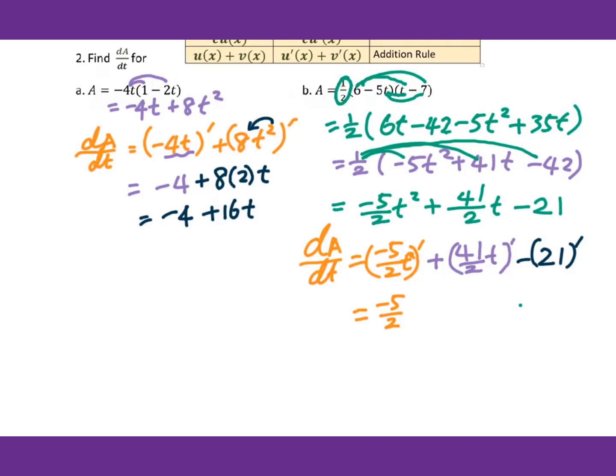Drop down this 2, then minus 1. You will get 2t plus 41 over 2. This will be 0, it is gone. Therefore, we organize, reduce. You will get negative 5t plus 41 over 2.